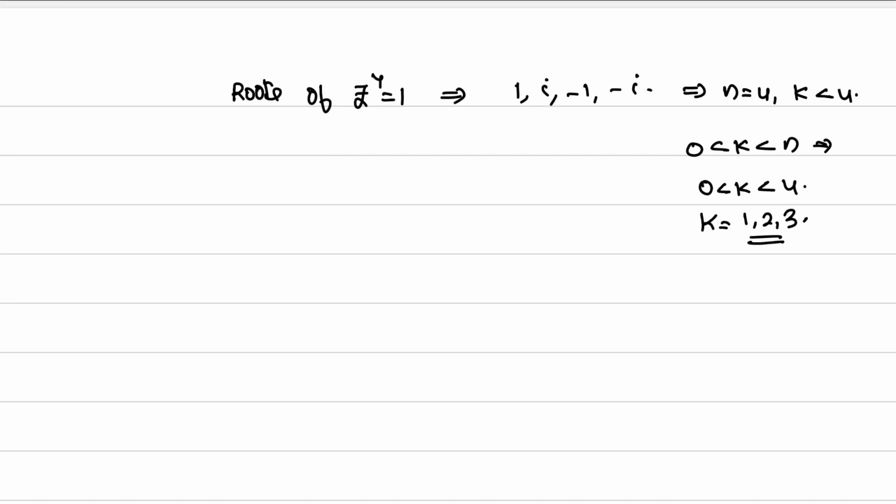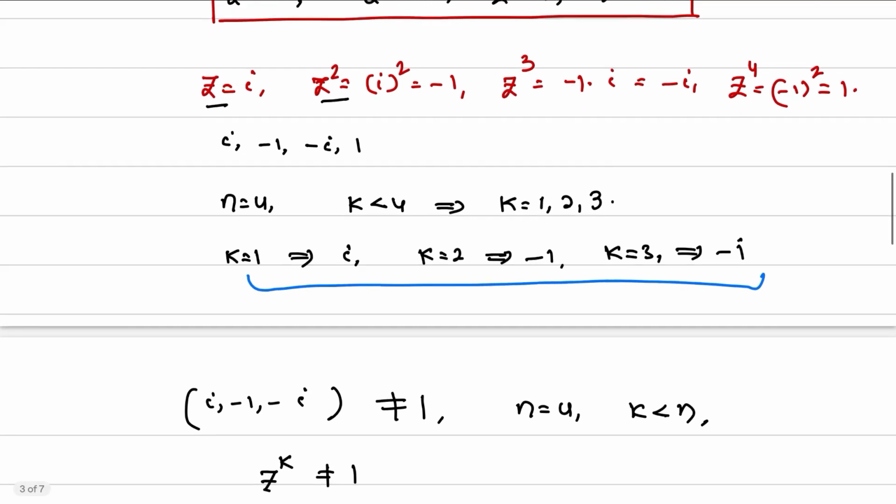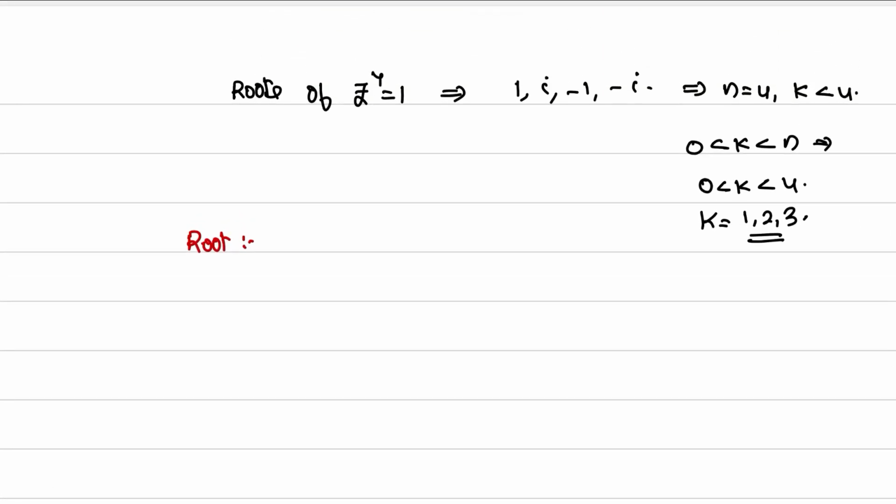I will work out one by one. I have worked out when the root is, I have already worked out. What are the roots? We know the basic roots are 1, i, minus 1, minus i.